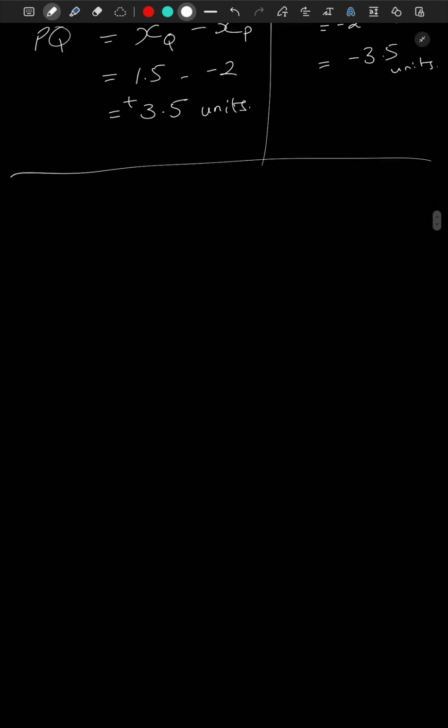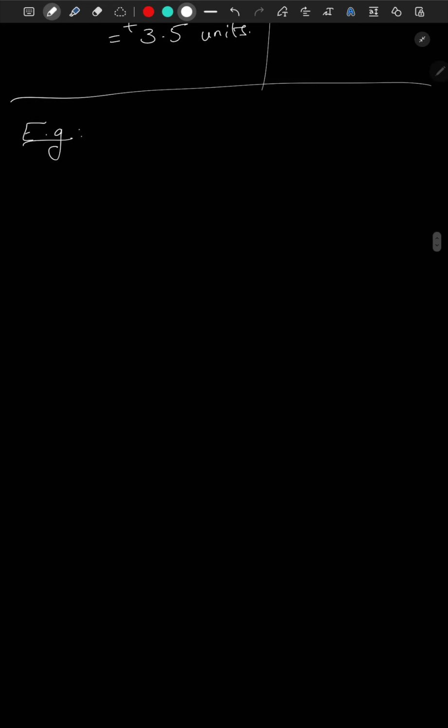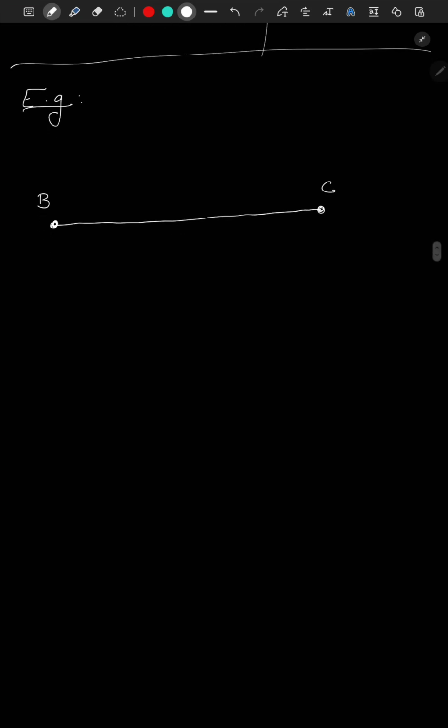Now let's see a small example on vector. Suppose you are at a point, let's call it point B, and you travel along the east direction toward another point. Let's call it C. And you covered 80 meters.